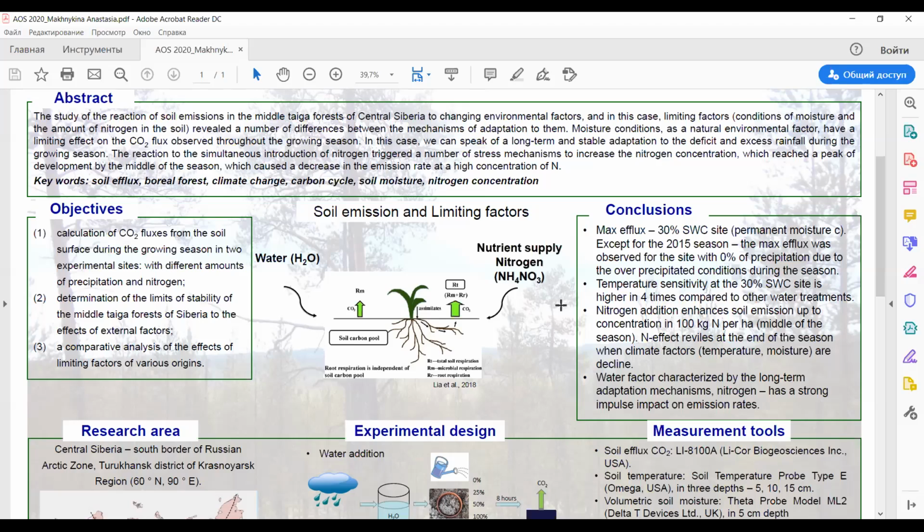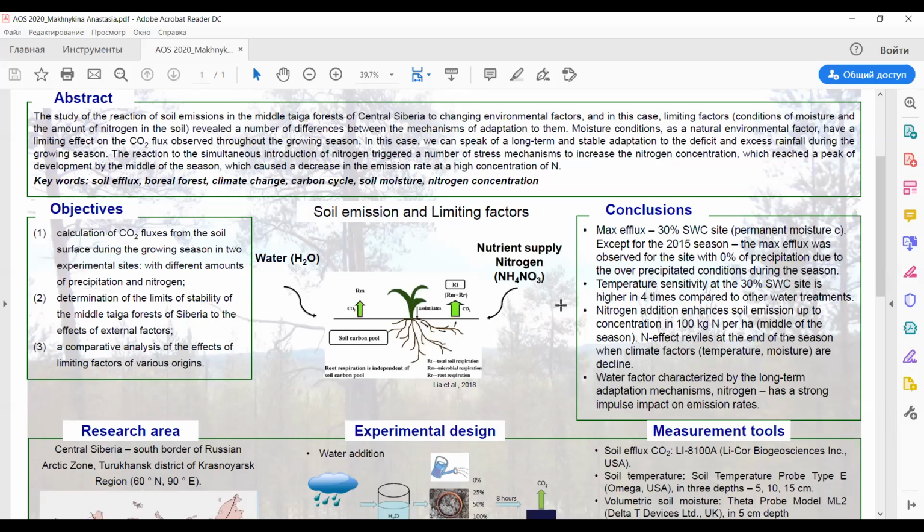And also some natural factors, water, temperature. In our research, we concentrated on two of them, because water and nitrogen or nutrient supply are two main limiting factors for the boreal zone.